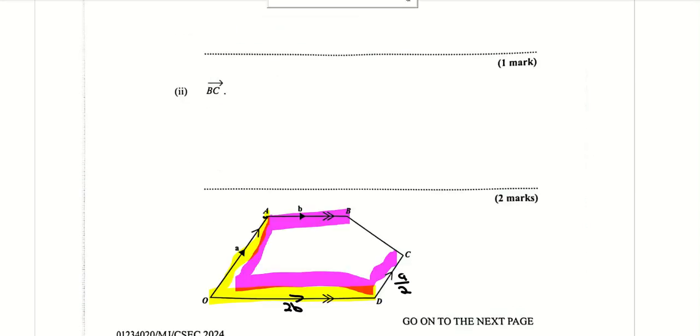Okay. So we just need to see the diagram.